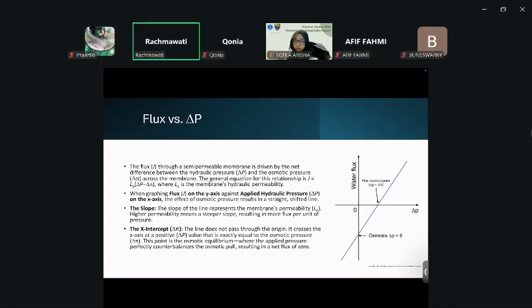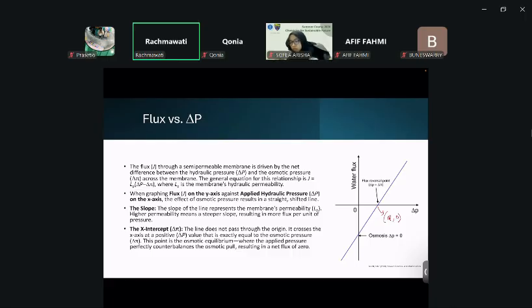And then the x-intercept, which is this one here. This is when the flux is 0. It crosses the x-axis, the delta P axis. So if this is the coordinate, I will write x as delta P and y as 0.